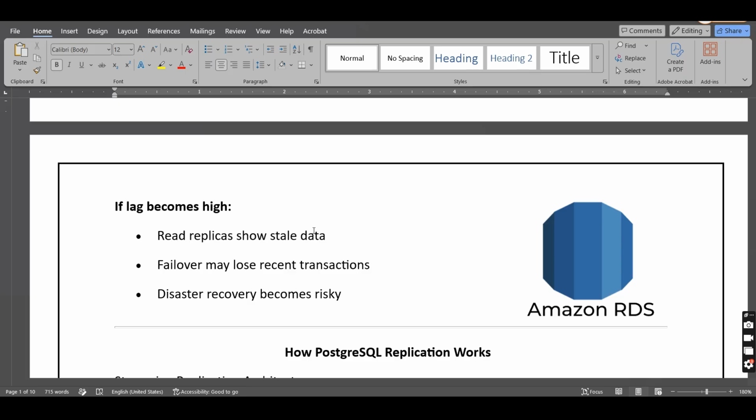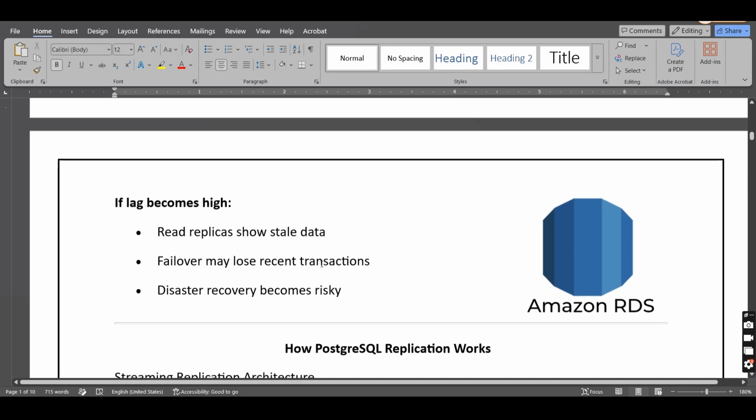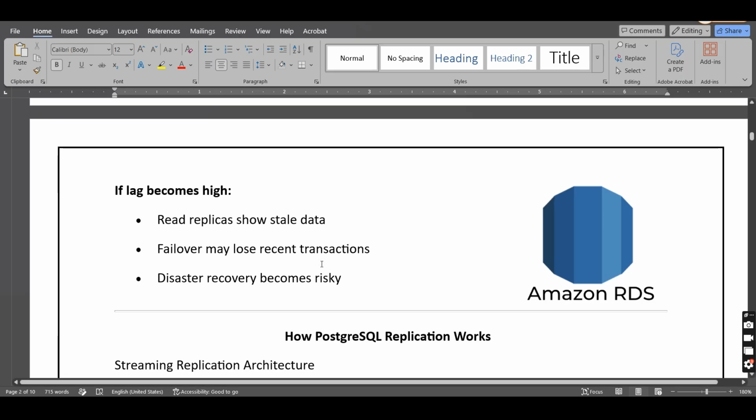Failover may lose recent transactions. If your primary fails and you switch to the standby, the recent transactions will not be available. If the lag becomes high, disaster recovery becomes risky, because you will not be able to recover the latest data. So this is the risk of high replication lag.